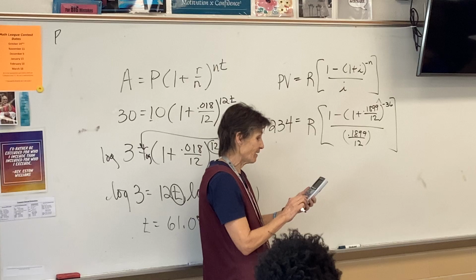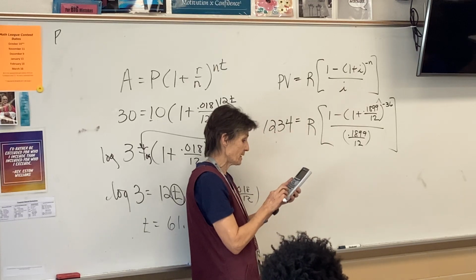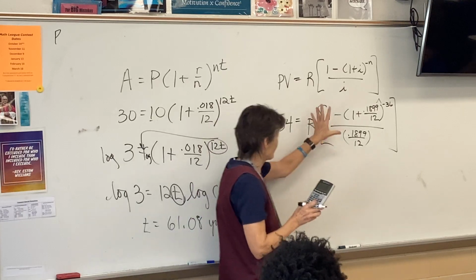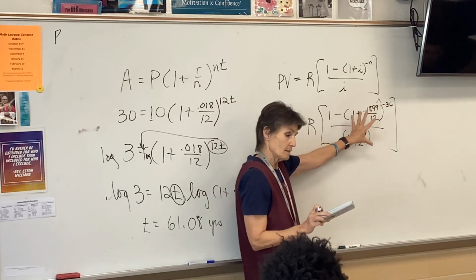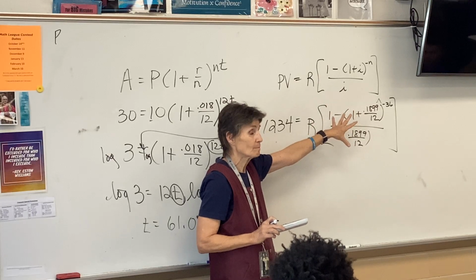Now I'm going to divide that by 0.1899 divided by 12. So this bracket is 27.28, right?